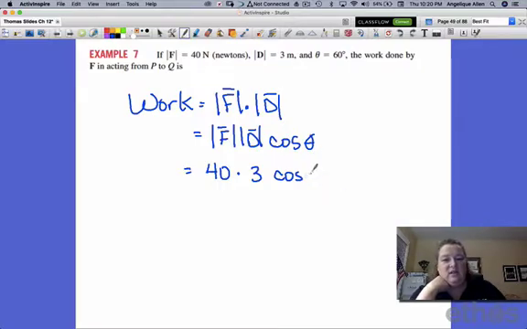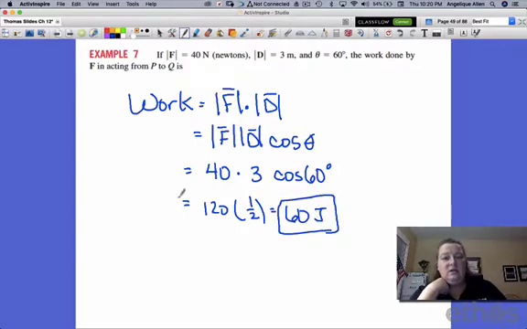I should have put 60 degrees here. So this is going to be 120 times 1/2, the cosine of 60. So this is going to be 60 joules of work done in moving an object 3 meters using 40 newtons of force and pulling at a 60-degree angle on it.